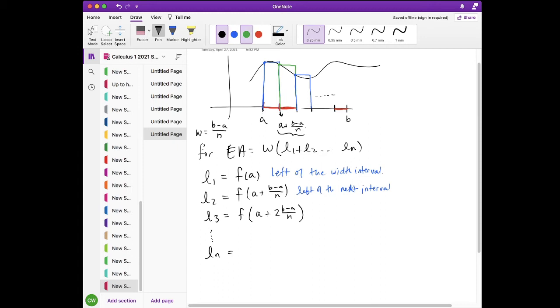Right, I would want to go from here because that's the left endpoint. Yeah, b minus w, or a plus n minus 1 times w, good. So b minus w, or equivalently a plus n minus 1 times b minus a over n.